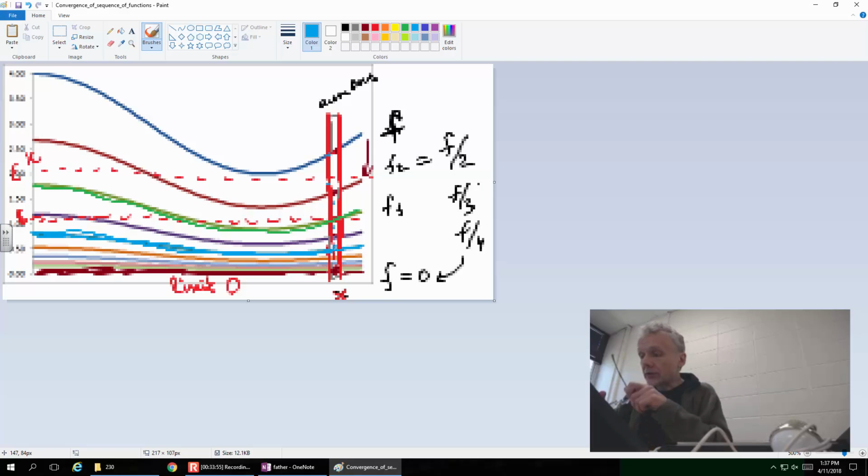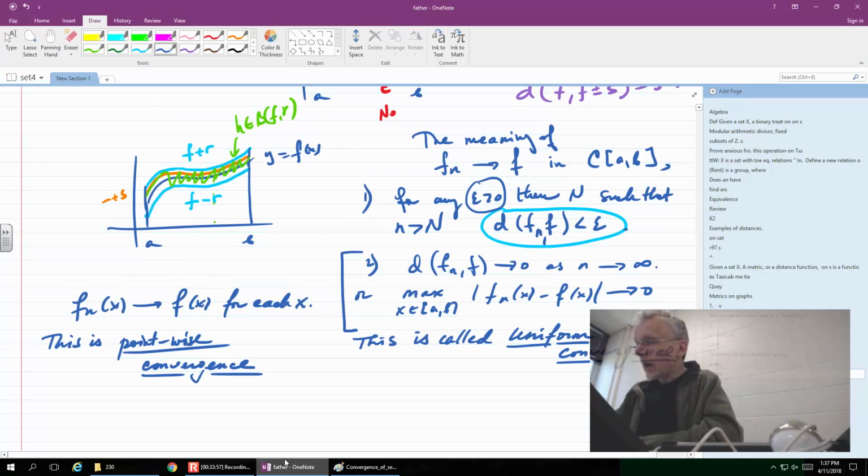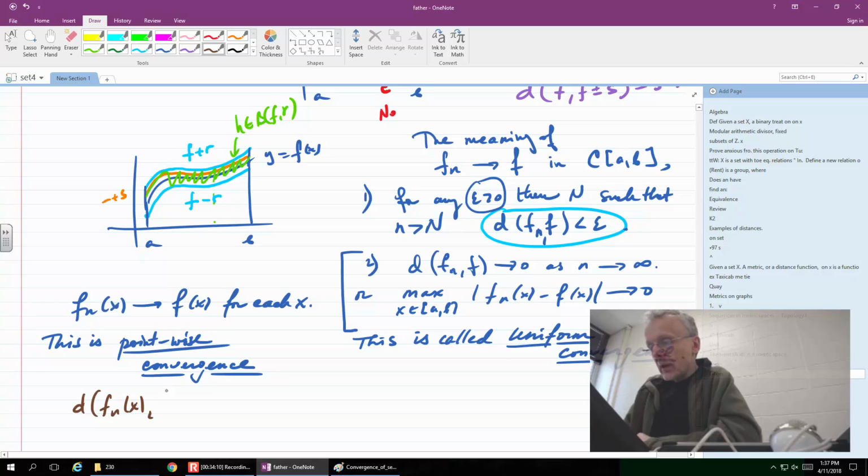So you can logically compare these two as we have in the past, like this. So pointwise convergence is: the distance between f_n(x) and f(x) is less than epsilon.